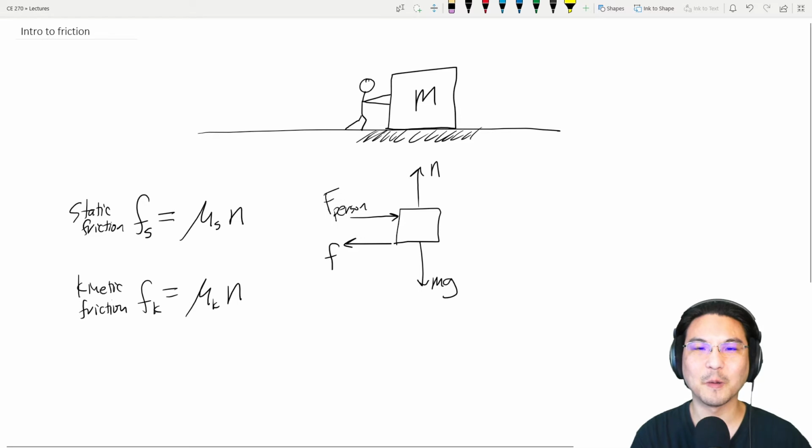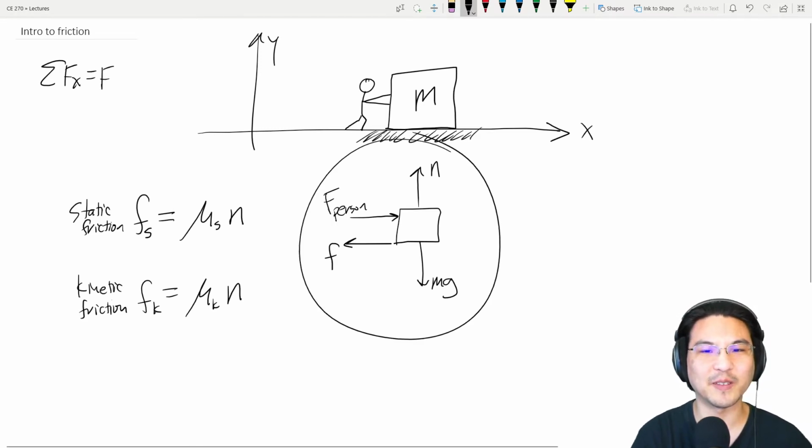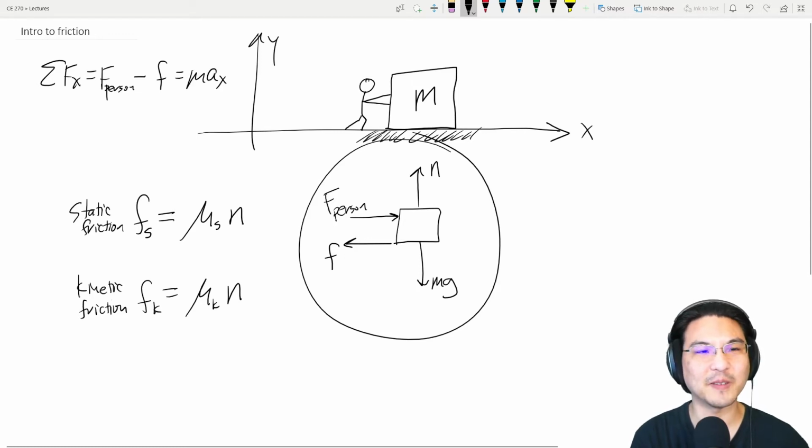So imagine you apply 1 Newton of force to the crate toward the right, but then it doesn't move. So let's say pick coordinates here. So some force in X. We got force by, I'm looking at this free body diagram, from the person, minus friction equals mass times acceleration in the X direction.